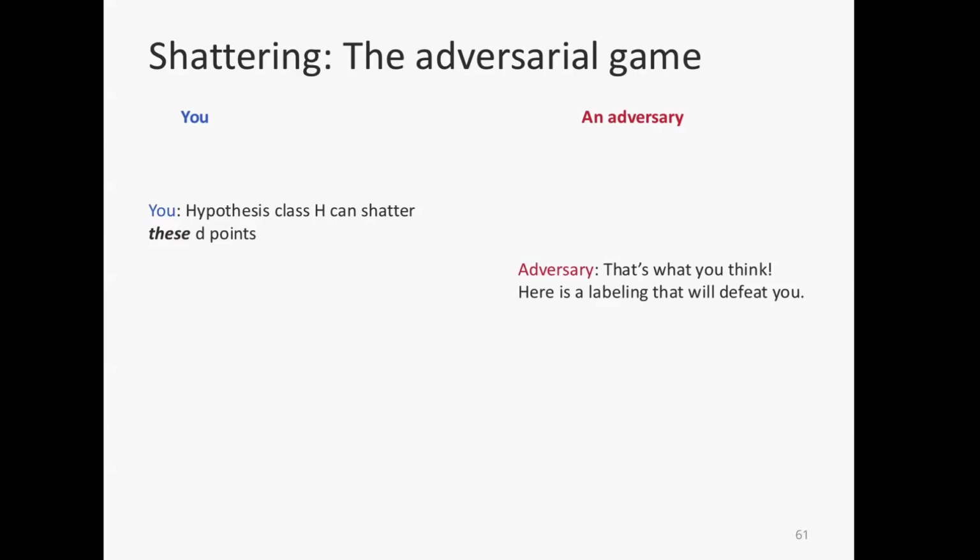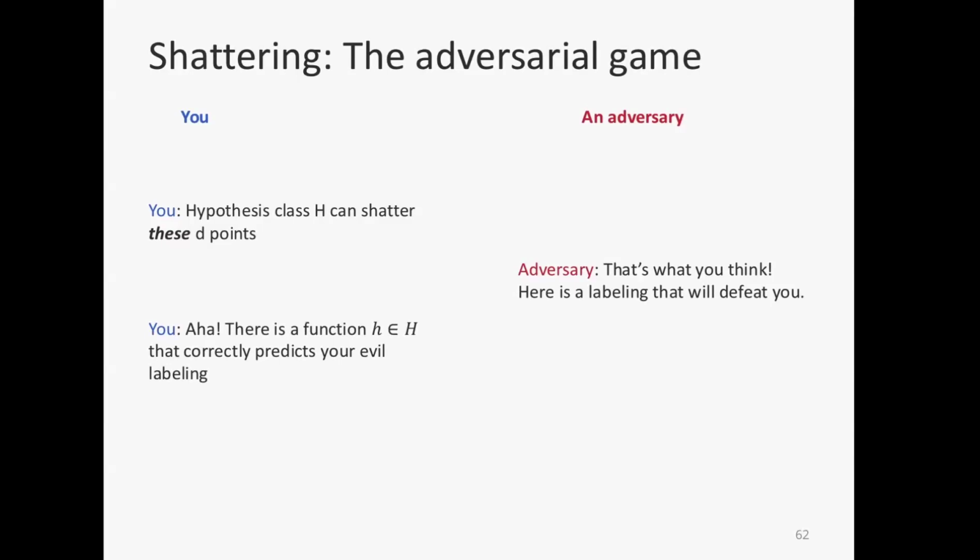If the adversary tries out every possible labeling, and you can always match the labeling by producing a certain hypothesis, that means that your set of points can be shattered. Otherwise, the adversary wins. The set of points cannot be shattered.